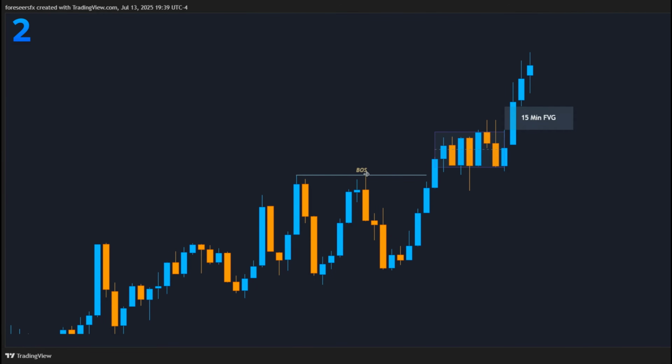Okay, so here we are in the 15-minute time frame. Real quick, I wanted to mark up this breakup structure here first to illustrate that we are indeed bullish. Now, I want you guys to also look at something else here. There is an order block right here.